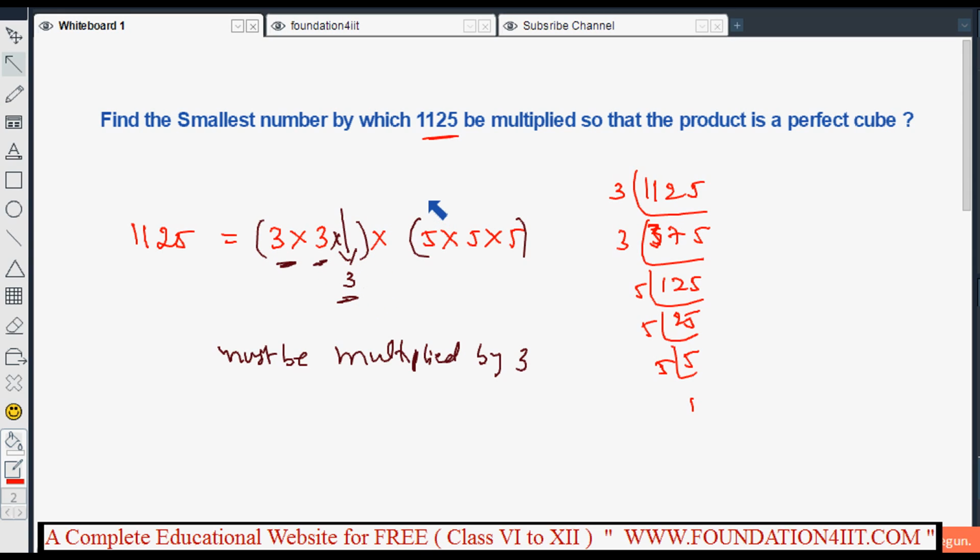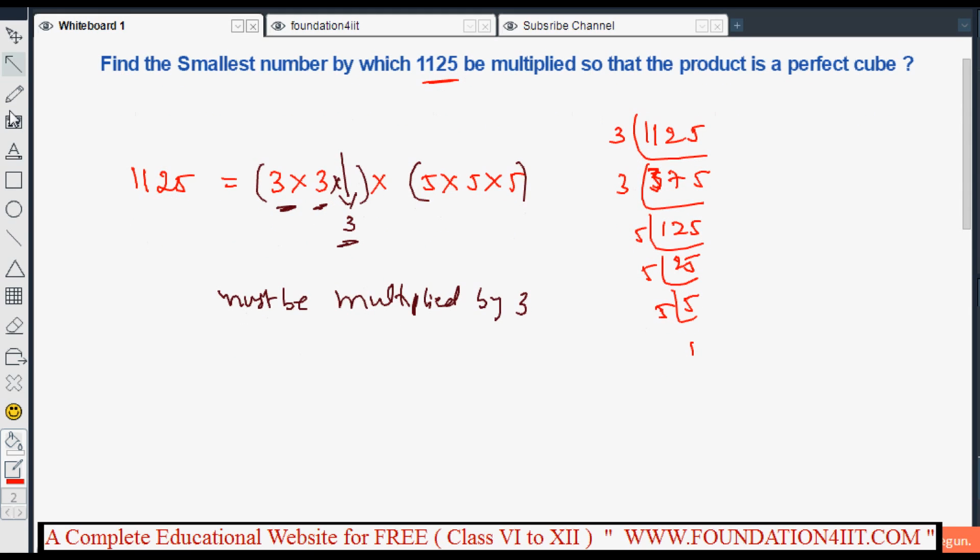To make it a perfect cube it must be multiplied by 3. Only the missing number we need to multiply. If we take 1125 into 3, we get 3375, which is a perfect cube, you can test.